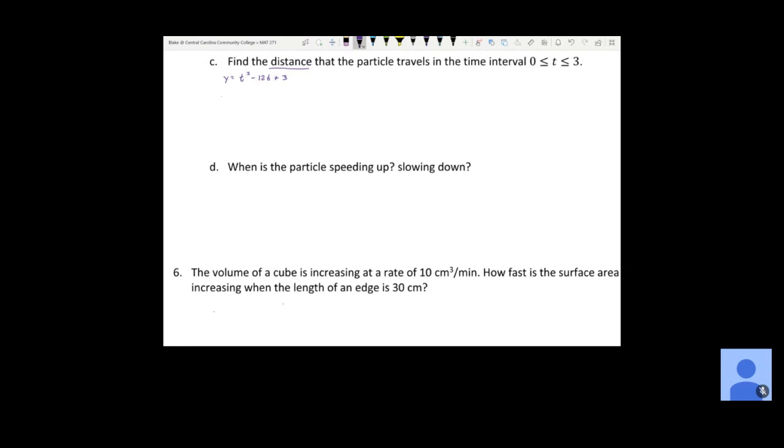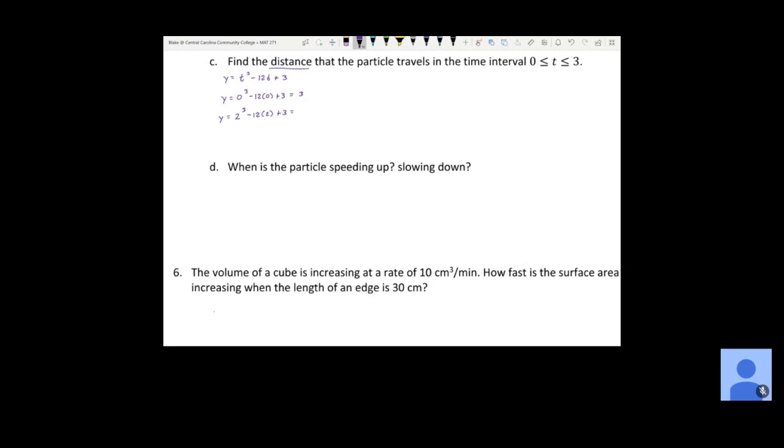All right, so I'm going to plug in 0 first. So we get y equals 0 cubed minus 12 times 0 plus 3. What's that going to give us for our initial position here? 3, right? I'm going to do the same thing with 2. So we get 2 cubed minus 12 times 2 plus 3.